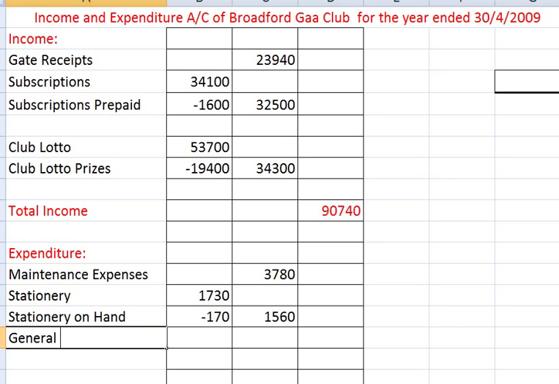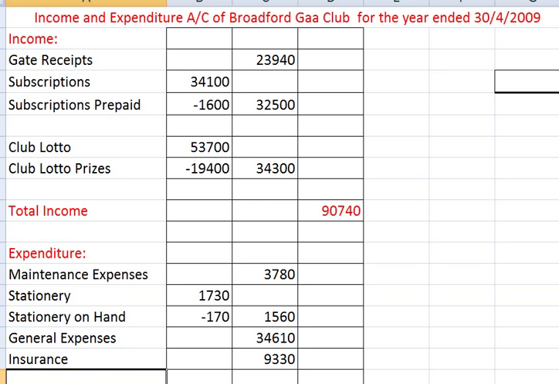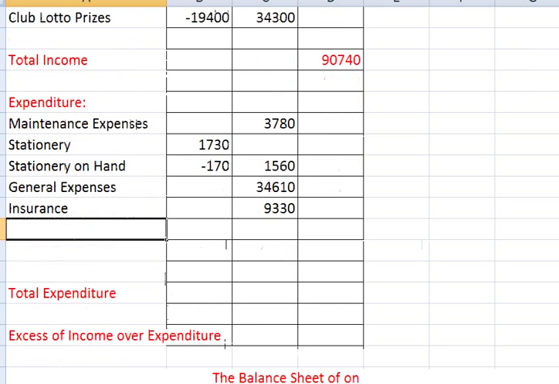Then general expenses of 4,610. There's insurance, 9,330. Moving on down.